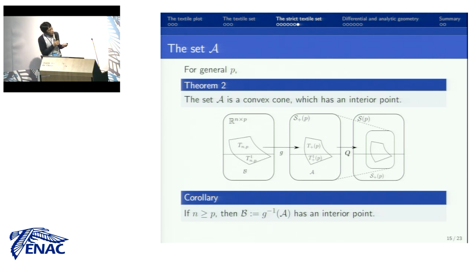And if we define the script B by the inverse image of A, then we can also show that this set B has an interior point in the space of this one. We have to note that the textile set itself does not have an interior point, which is a low-dimensional object.